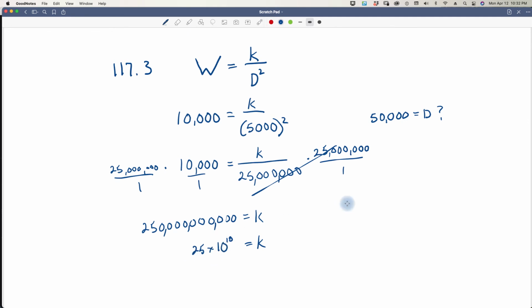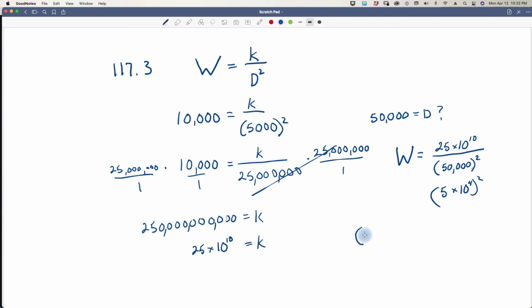So now let's drop that in as our constant. So W equals 25 times 10 to the 10 over 50,000 squared. Now we can rewrite this 50,000 as 5 times 10 to the 4, squared.